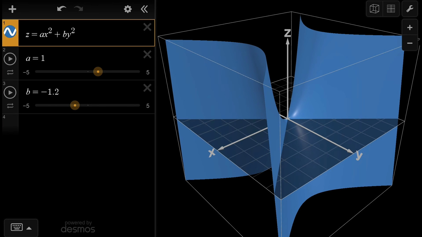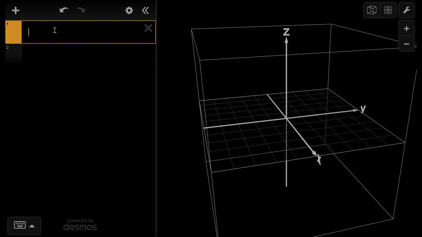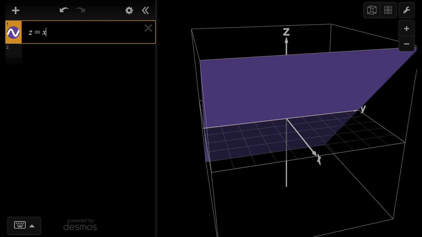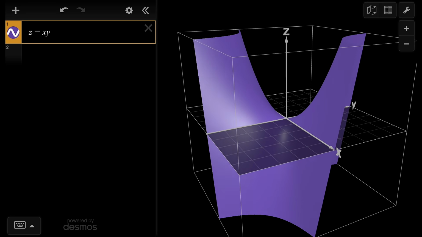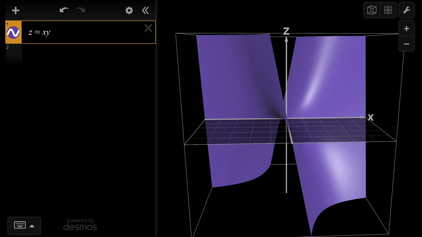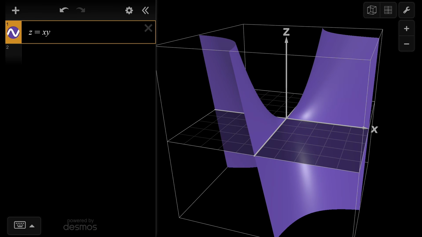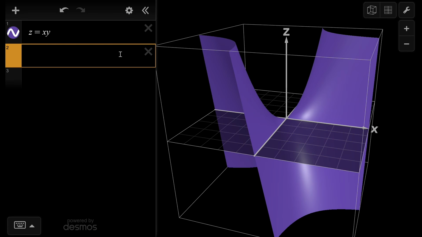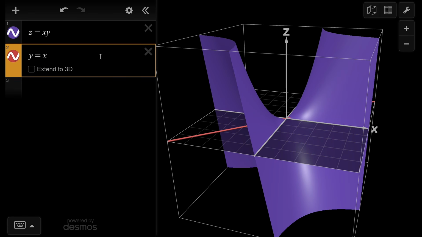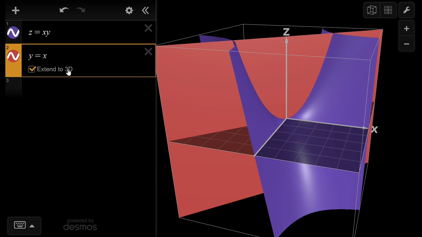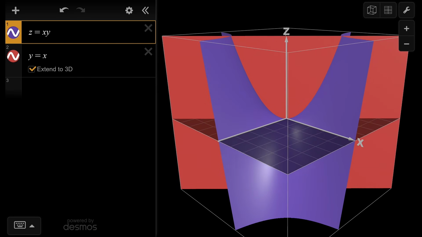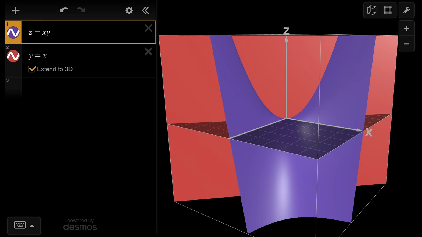There's actually another way to get one of these saddle-shaped paraboloids, by plotting z equals x times y. How can we understand why we're getting this shape? Let's focus on the line that cuts 45 degrees through the xy plane, the usual line y equals x. On that line, since both coordinates have the same value, multiplying them together is the same as squaring them, so we just get an upward opening parabola.